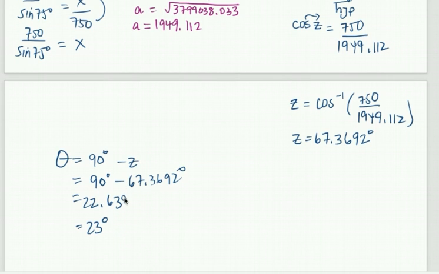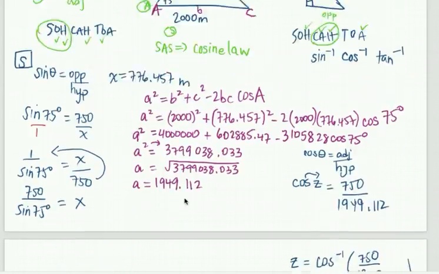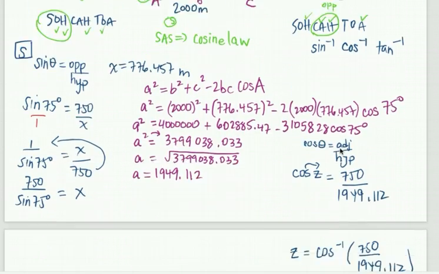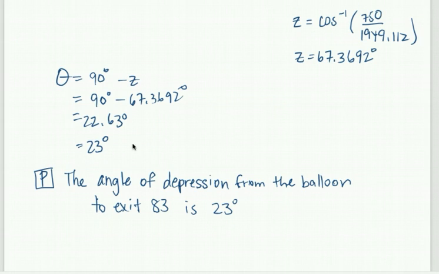So knowing that, we took that new number we found here and found that the angle of depression from the hot air balloon looking down at exit 83 is 23 degrees. Okay, and here's our last statement here. So the angle of depression from the balloon to exit 83 is 23 degrees.